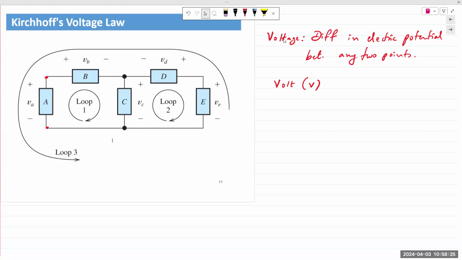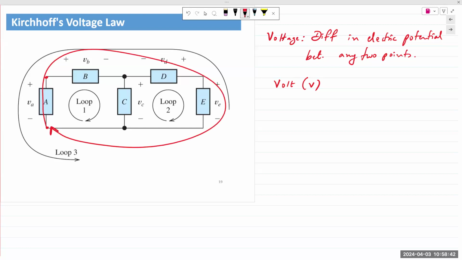Complicated circuits will have hundreds of loops, hundreds of thousands of loops. Here we have 3 loops. The 2 loops inside are easily evident. The outside one is not so, but that's loop 3.